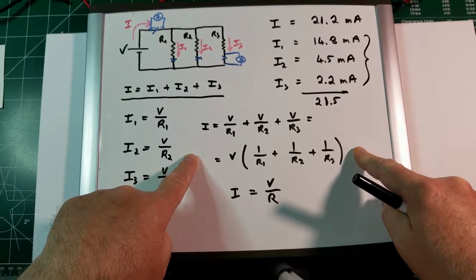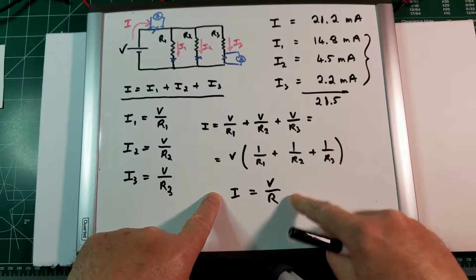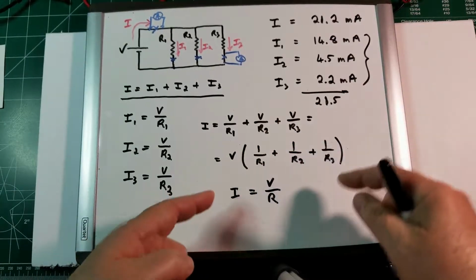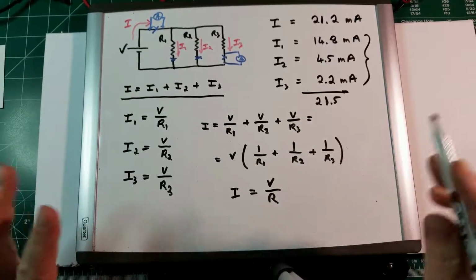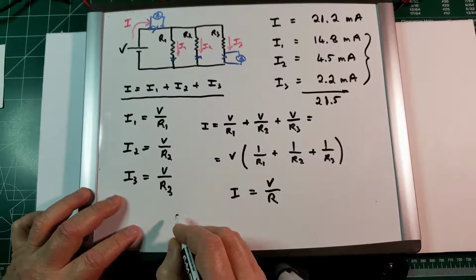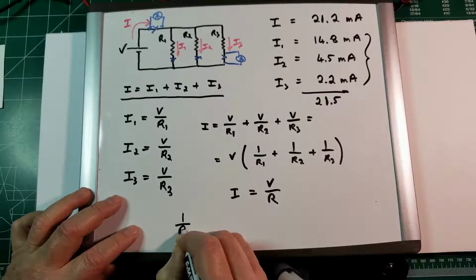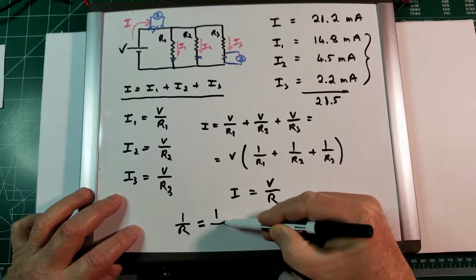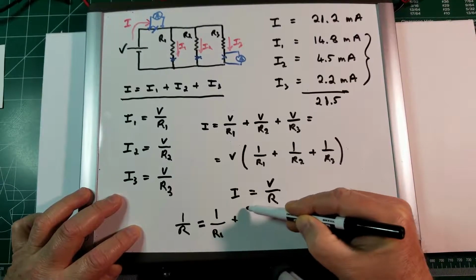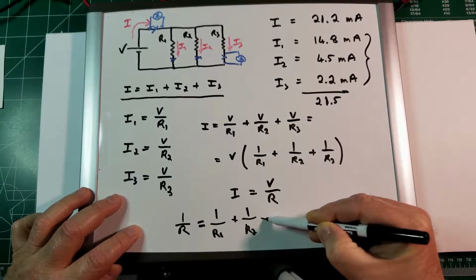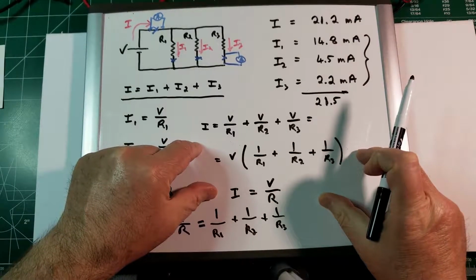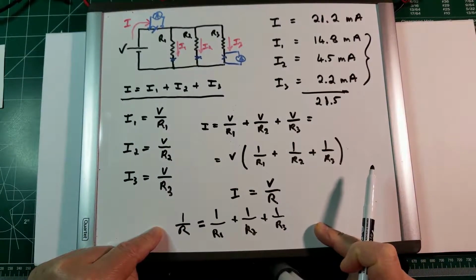Don't they look similar to each other? If I, instead of this R, put all this stuff here, it's basically the same thing. I mean, if I substitute for 1 over R the 1 over R1 plus 1 over R2 plus 1 over R3, these two things are exactly the same.